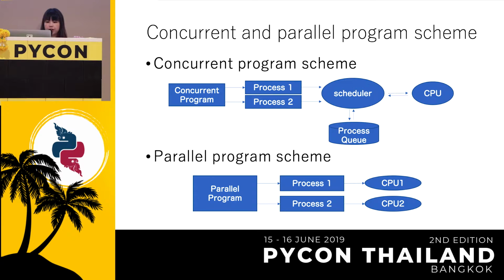This is the concurrent and parallel program scheme. In a concurrent program, it uses only one core per program, so the CPU scheduler will control the process execution using these process queues. But in a parallel program, there are no process queues or scheduler.